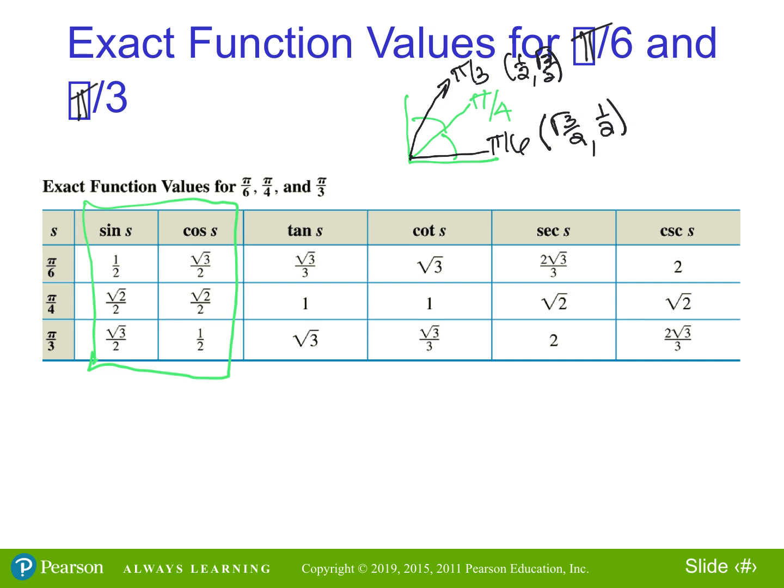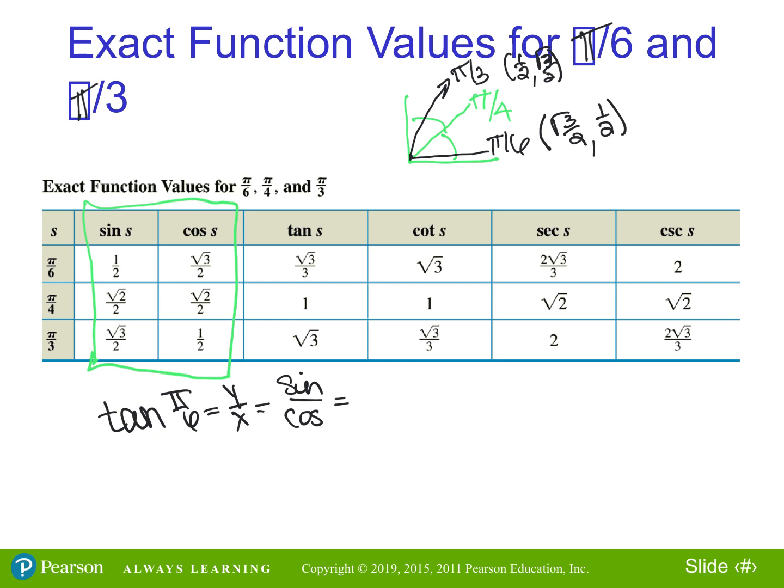But I really just focus on these because if I know my sine and my cosine values for these three, then everything else is just a derivative of those. Because remember, tangent, and let's just do the tangent of pi over 6. Well, this is really your y divided by your x, or your sine value divided by your cosine value.